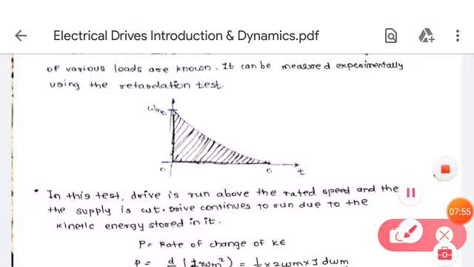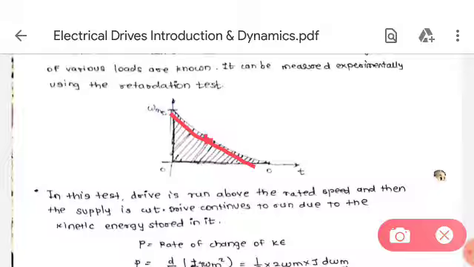So just draw a tangent at some flat portion of the curve and just extend this point on two axes.